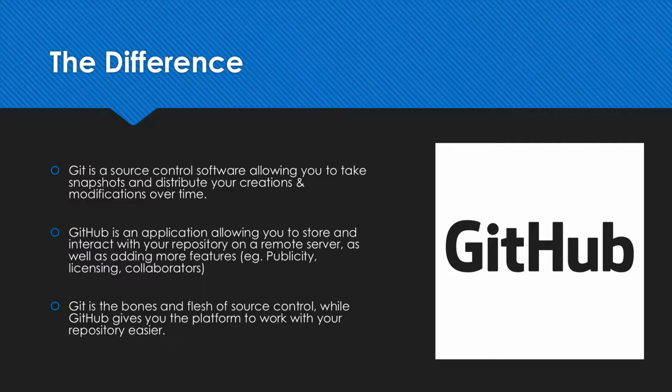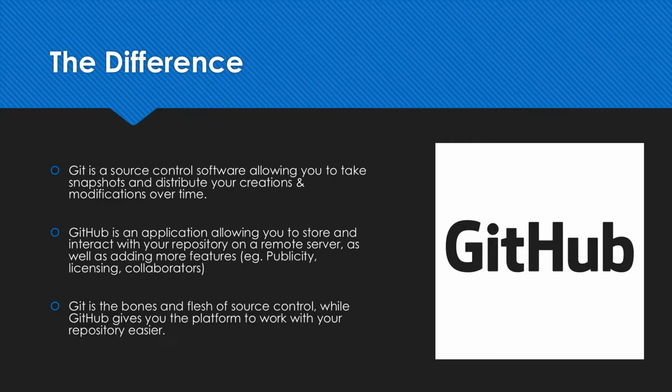Whereas GitHub works with Git to add more functionality and, for example, store these Git repositories on their servers. So GitHub not only builds off of Git, it gives you a platform to use Git. It's kind of like SourceTree in a way, in that it allows you to interact with Git in a more user-friendly fashion, but it's not just about that.